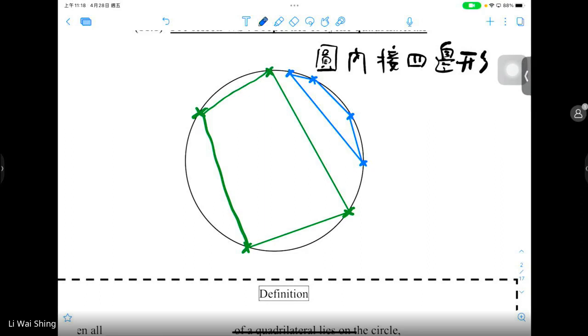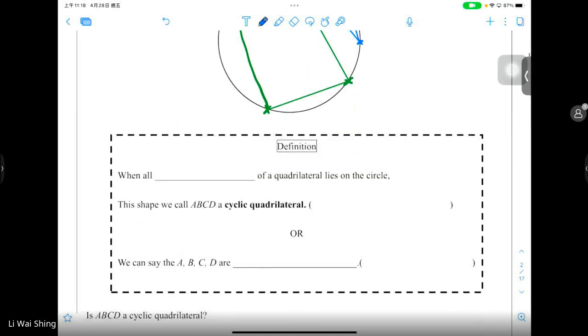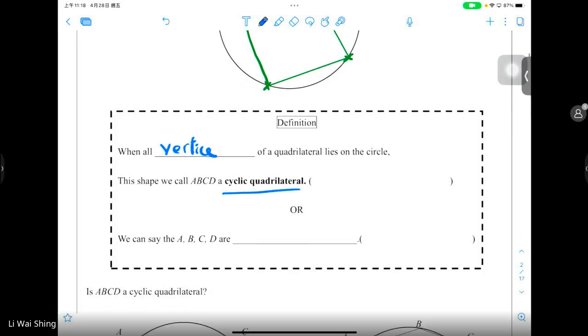And there are a total of 2 properties related to cyclic quadrilateral. 得唔得？一個圓裡面包住咗個四邊形。Alright? When all points, all vertices of the quadrilateral lie on the circle, we call it a cyclic quadrilateral. In Chinese name 我寫咗啦，我唔寫啦，圓內接四邊形。Okay? Or we can use an adjective to describe these 4 points.